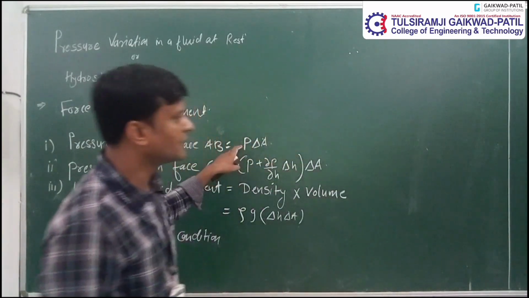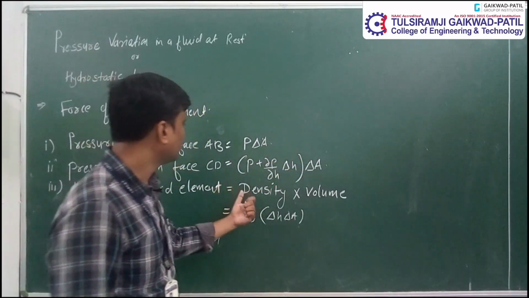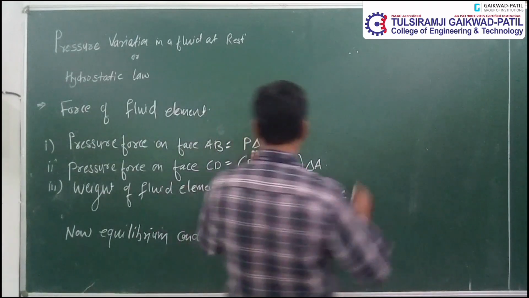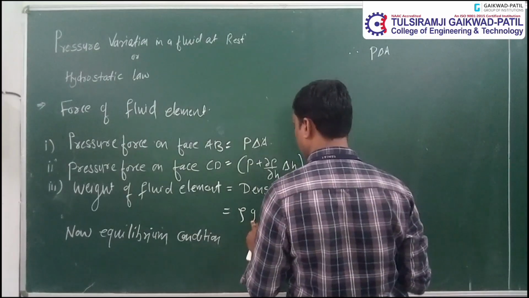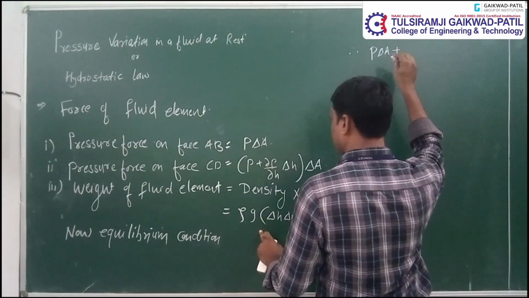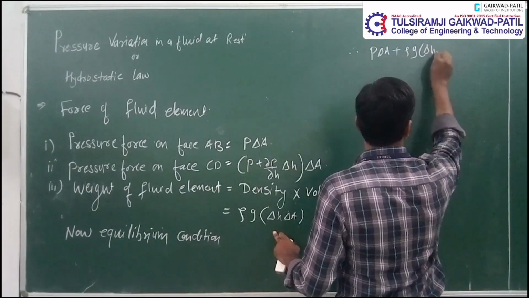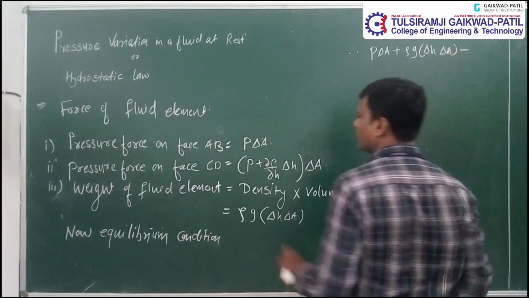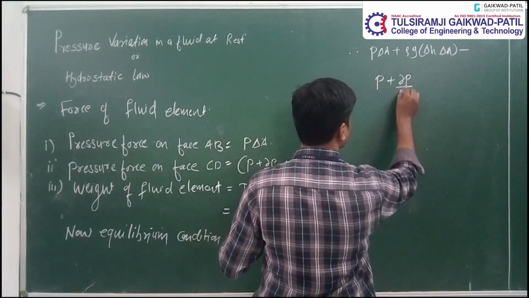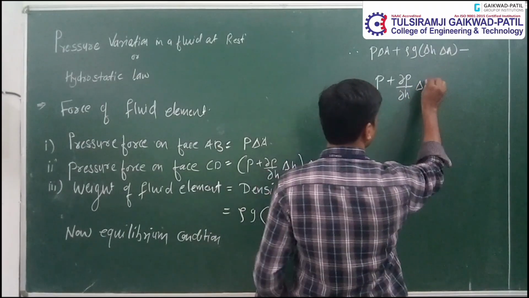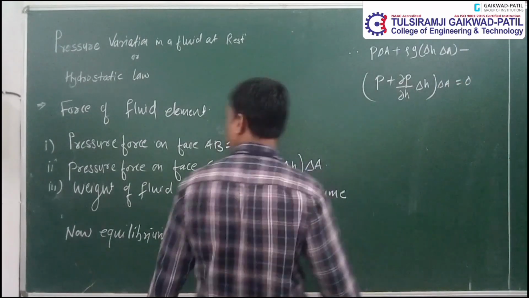Therefore, if we consider the vertically downward force as positive and the vertically upward force as negative, we can write P into delta A plus rho g delta H delta A minus (P plus del P upon del H into delta H) into delta A is equal to 0.